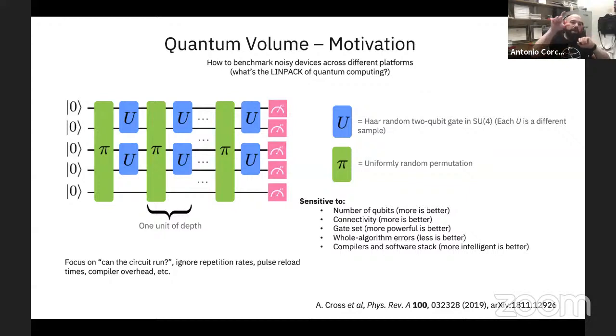A square means that you have equal width, which is the number of qubits, as depth, which is what I'm showing here as a set of 2-qubit unitaries. And what I mean by successful, I will discuss in a minute. We want to give a number which is the largest square circuit, and we want to focus on square circuits because you could imagine an example where you have a quantum computer with 50 or 100 qubits, and then you focus on 2 or 3 qubits that you can run.